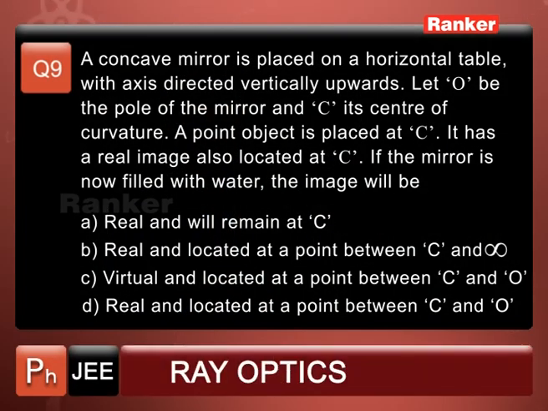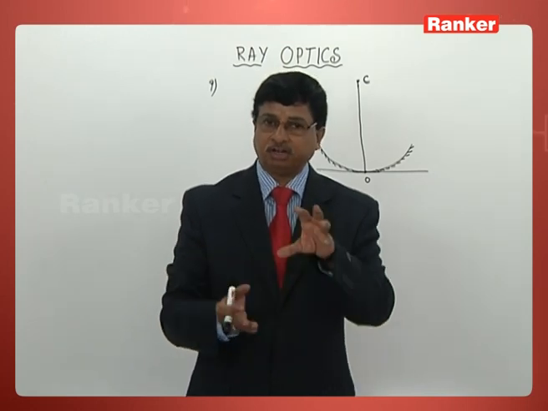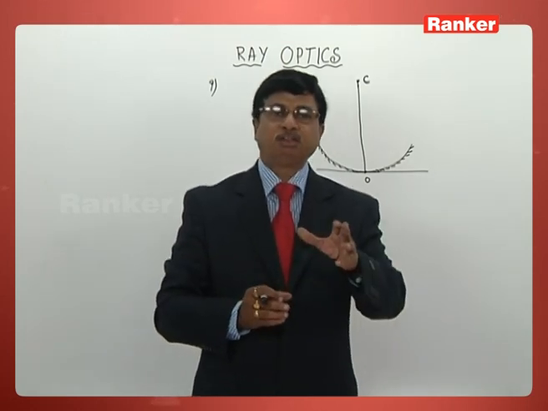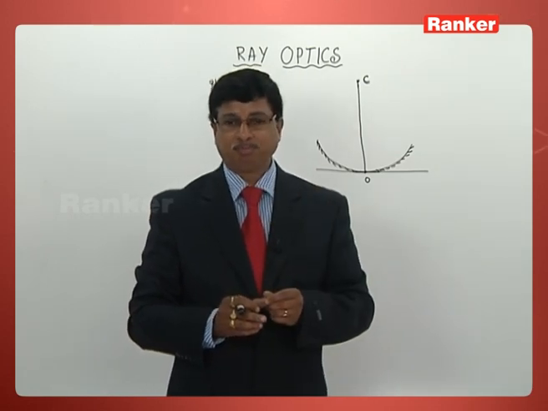A point object is placed at C. It has a real image also located at C. Obviously, when an object is placed at the center of curvature, its image also will be formed at the same center of curvature, we know that point well.